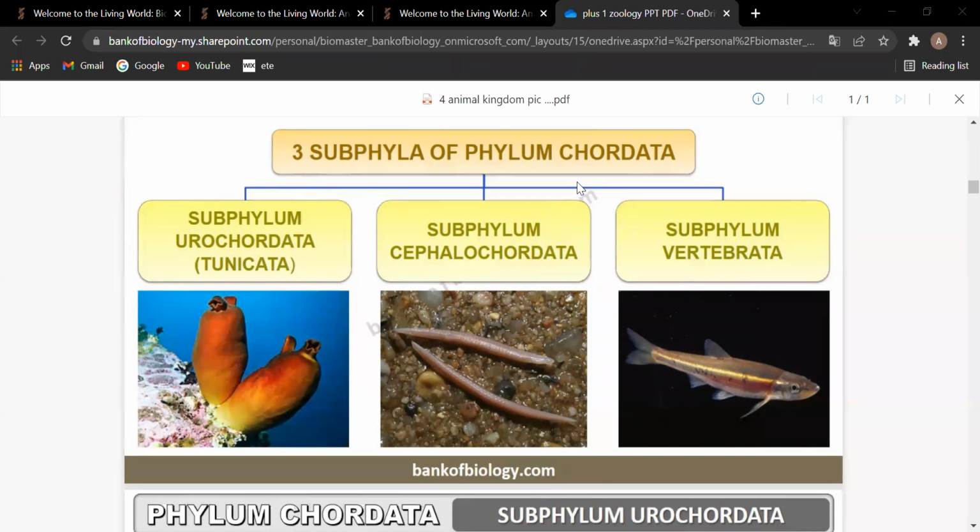We have to detail these three subphyla: Urochordata, Cephalochordata and Vertebrata. So first we will go to Urochordata, or tunicates as we call them.